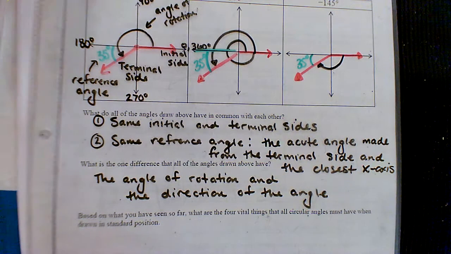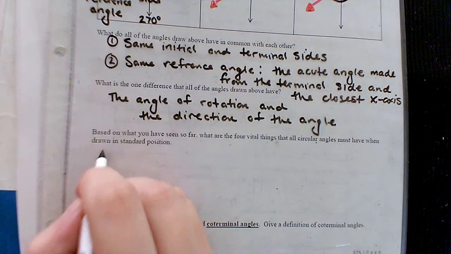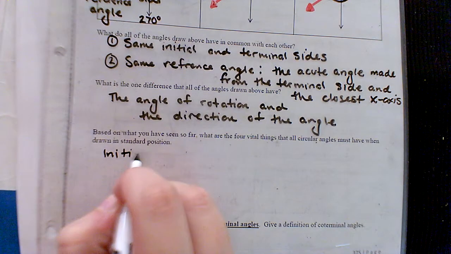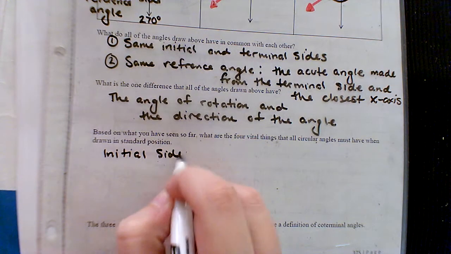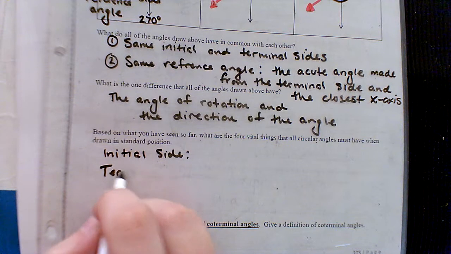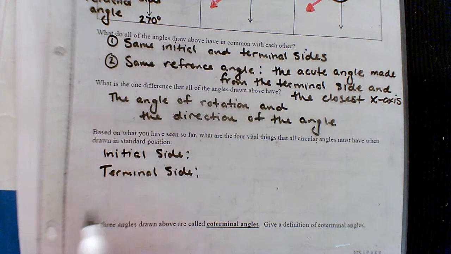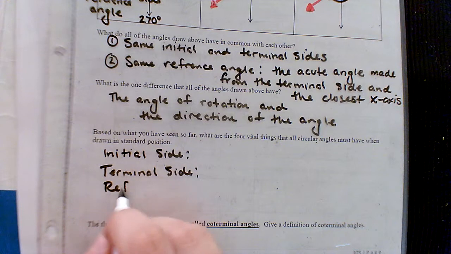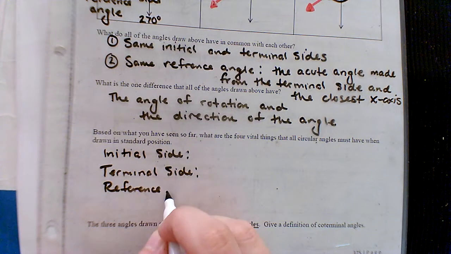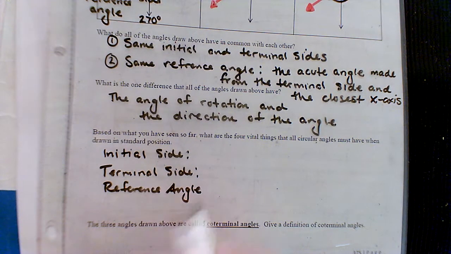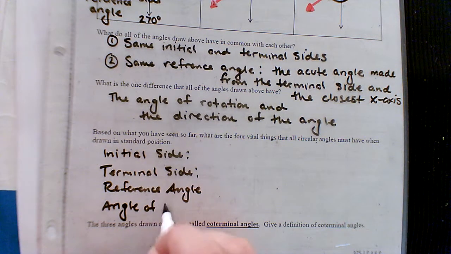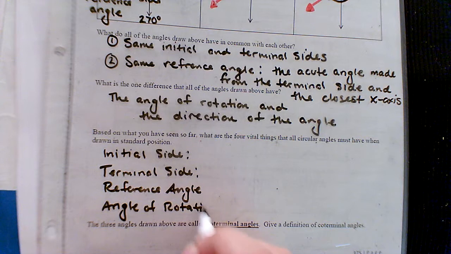Okay. So let's go ahead and define again these terms: initial side, terminal side, reference angle, and angle of rotation.